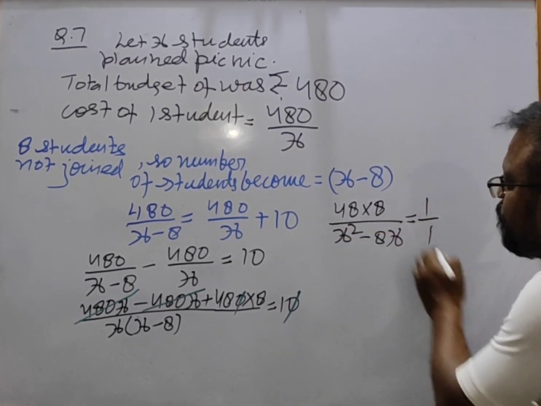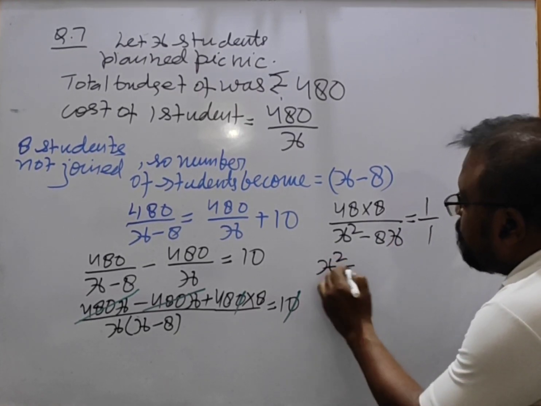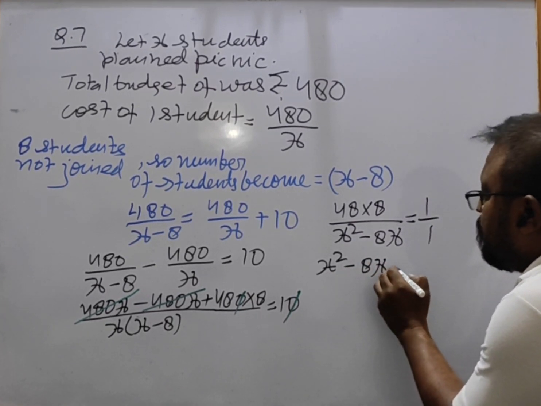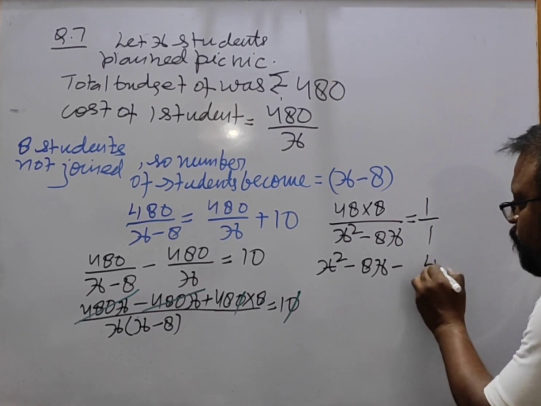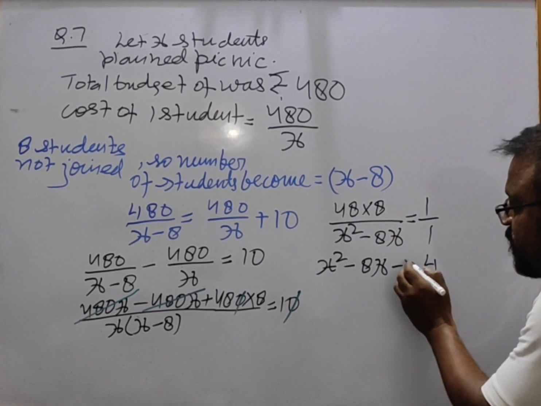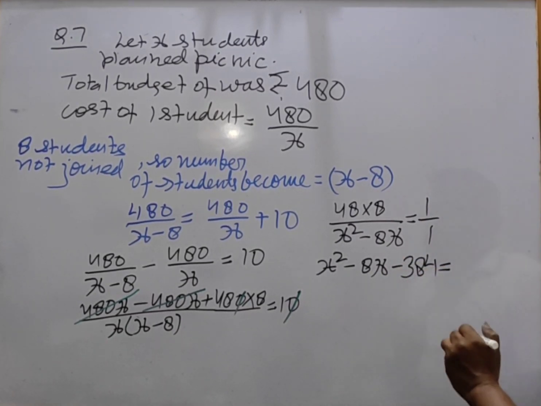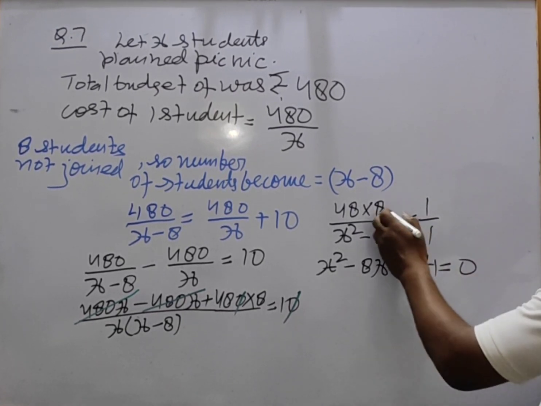So when we cross multiply, it becomes x square minus 8x minus 384 is equal to 0. This is cross multiplied, okay?